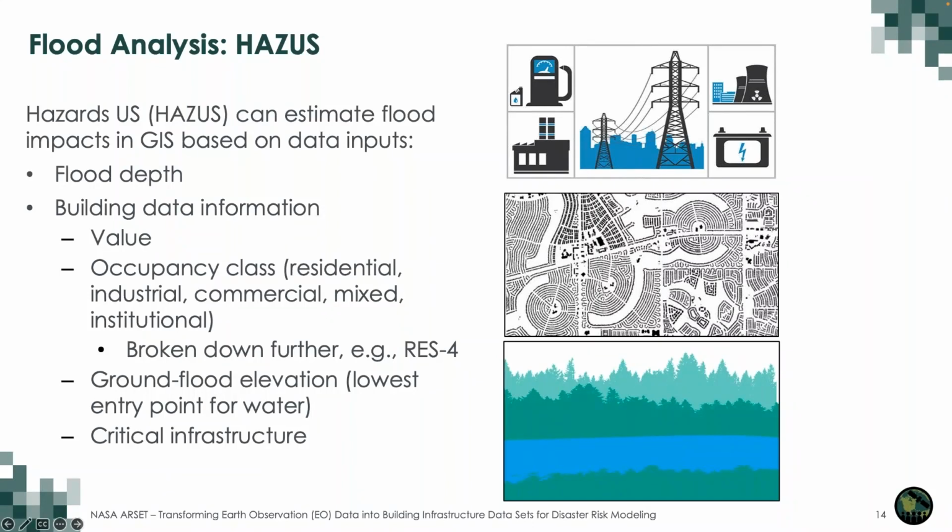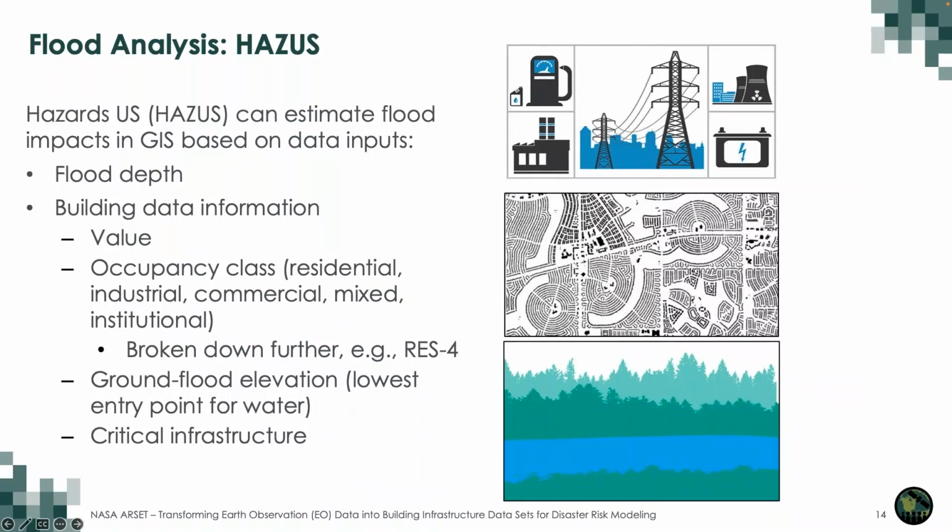As a requirement for HAZUS, these classes are broken down further. Residential, for example, goes from residential 1 through residential 9, so 9 different subcategories, things like whether it's an apartment block or a single family home, detached, semi-detached. All those characteristics are in those residential categories. Commercial and industrial are divided into 3 different categories as well. And the institutional is typically sourced by type: a church or a hospital or a school or a university.